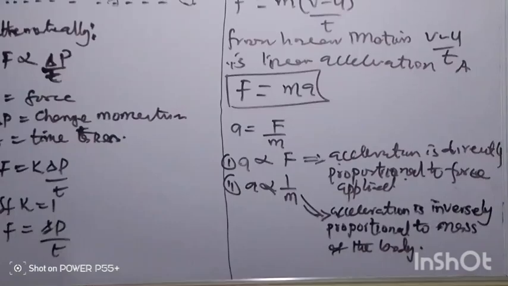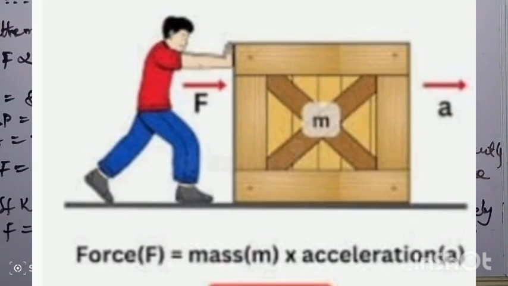To illustrate the two statements on the board, let's view the picture on the screen. Now, from the first picture on the screen, you can see the man pushing the wardrobe with larger mass.